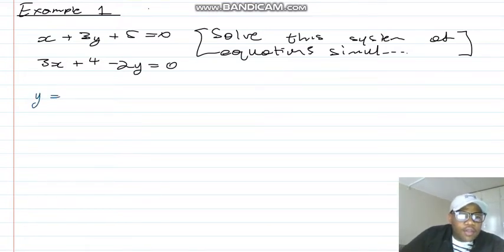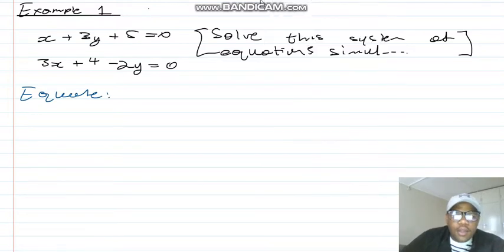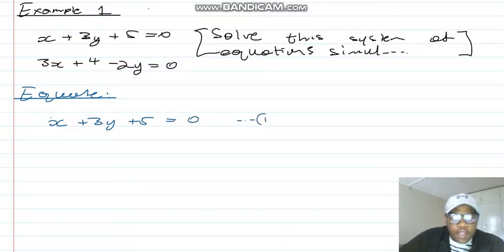Let me write that we're using the equating method. Anyway, you're going to write x plus 3y plus 5 is equal to 0, and that's your equation number 1. And then 3x plus 4 minus 2y is equation number 2.